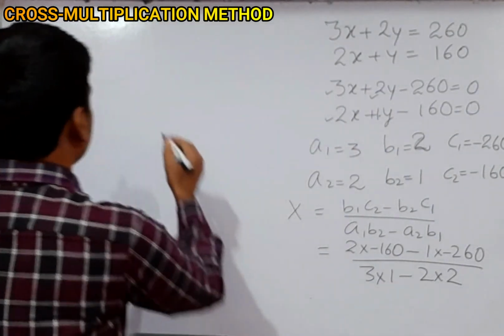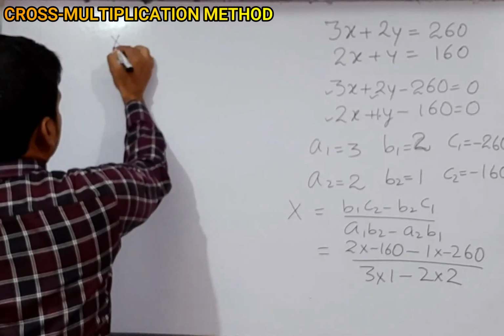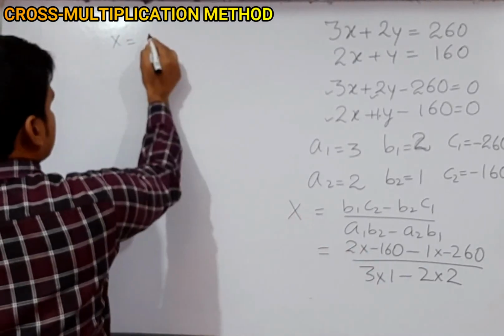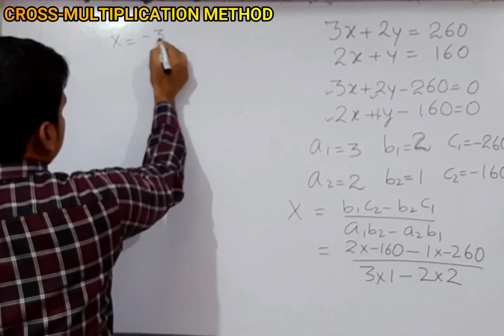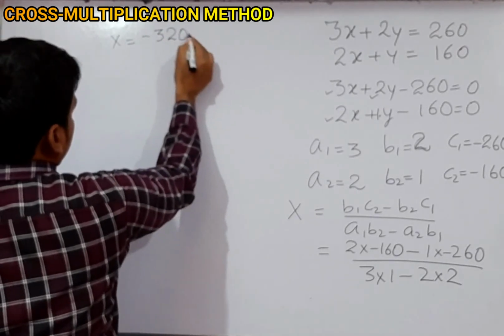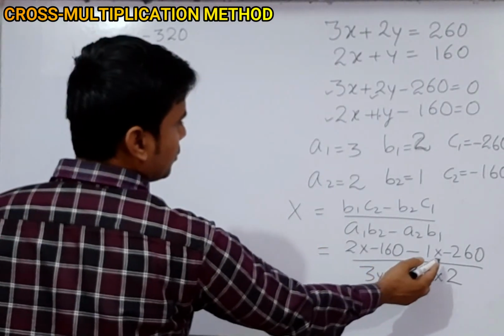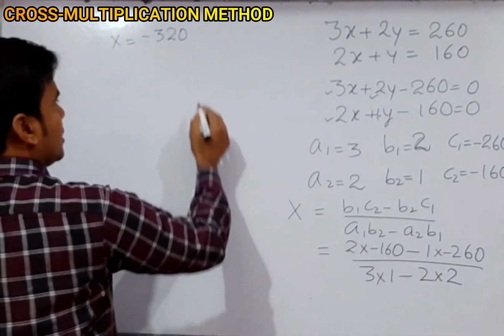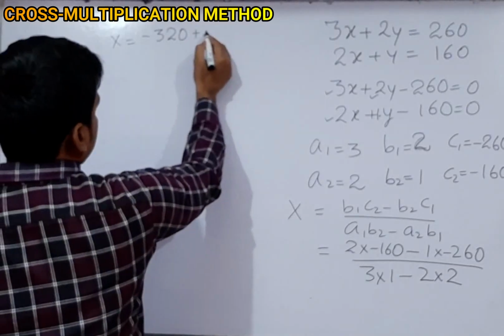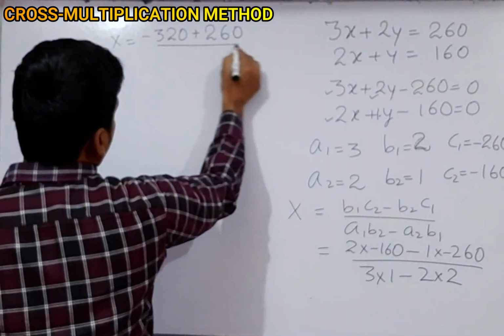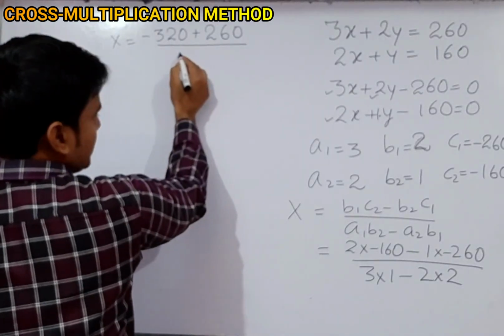So students, the value of x can be written as you can see here, that when we multiply minus 160 into 2, so that is equal to minus 320, and minus into minus plus 260 into 1, 260, divided by you can see here that plus 3 minus 4.